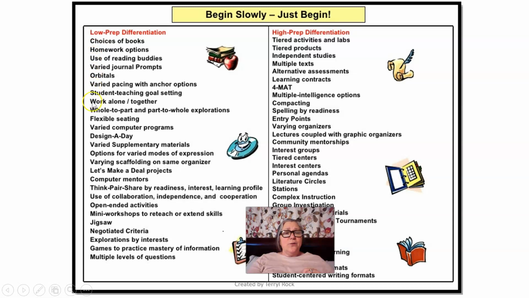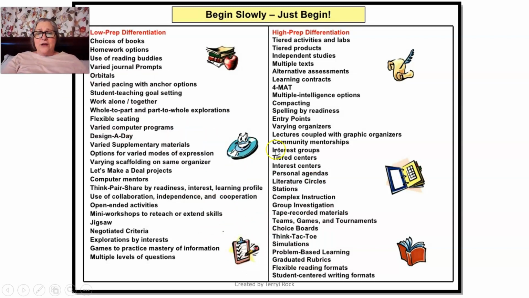This is just a really great example of things that you can do immediately, like giving students an option of working alone or together. So these are low prep. And then these are high prep, great strategies, but they take some time to put together.